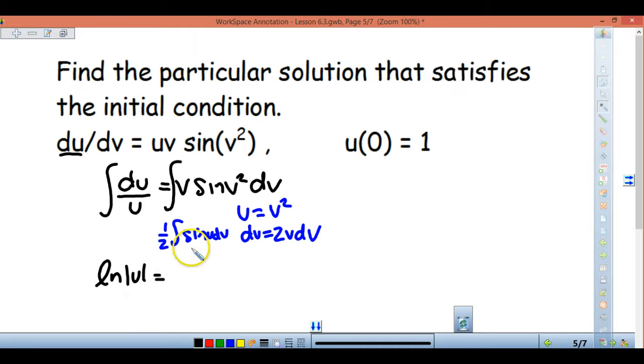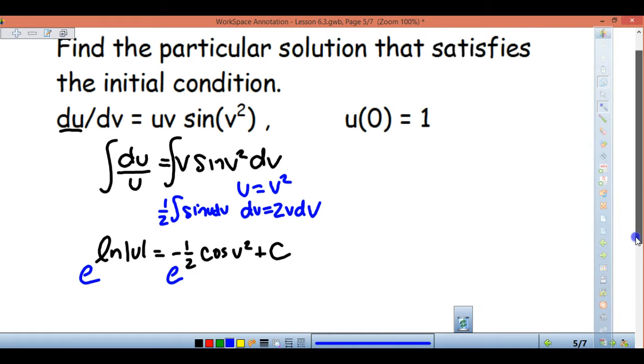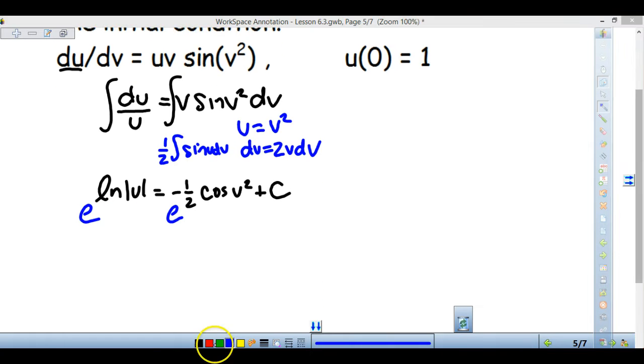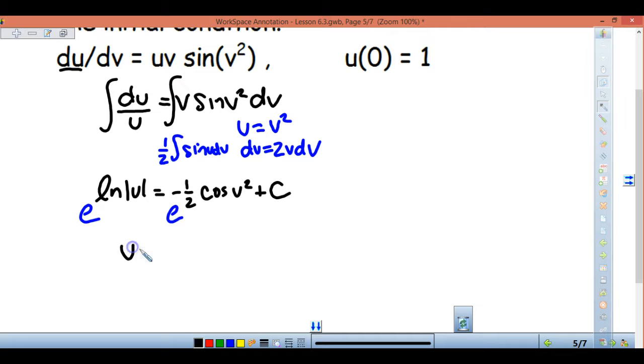Then the integral of sine is negative cosine, so negative 1/2 cosine of v squared plus c. All right, so if I e both sides, so u equals c e to the negative 1/2 cosine of v squared.